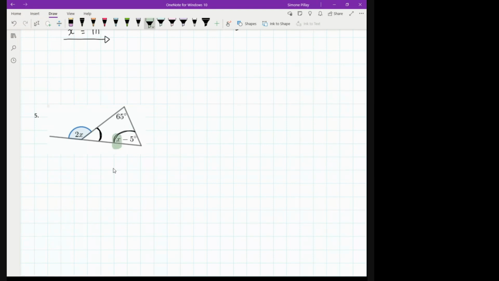If this angle said x, then I could write an equation because it's the same variable, still one unknown. But because they didn't tell us what this is, is it x? Is it something else? We can't assume. So there's going to be two unknowns if we use interior angles of a triangle. So let's use exterior, which is 2x equals 65 plus x minus 5.